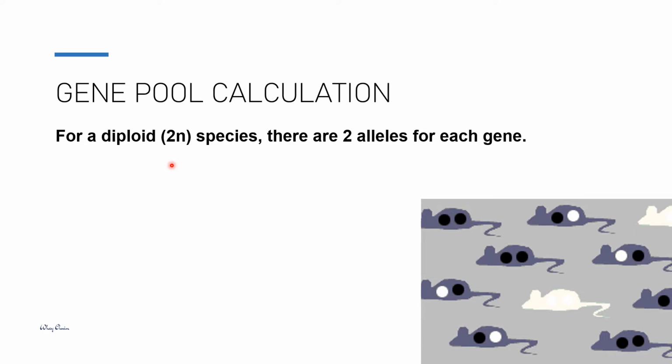Diploid species means that if we study a gene, each individual carries two alleles for that particular gene. As shown in this picture, when we study the fur color of a mouse, no matter what color of fur the mouse has, each mouse carries the gene for fur color, and they have two alleles for that gene.